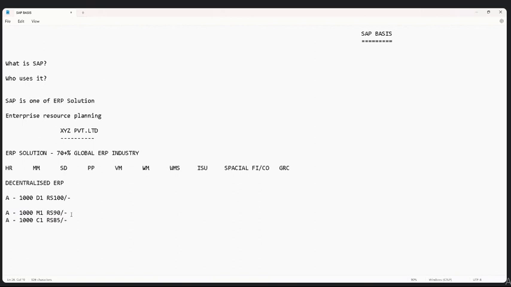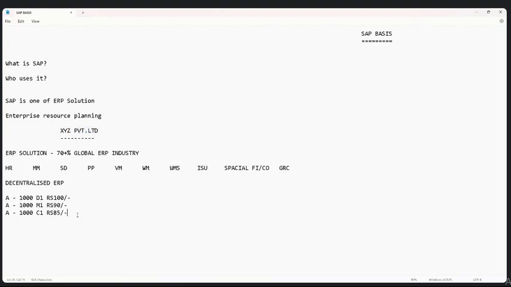Now this organization, which is taking all these orders, feels that yes, we have received an order of 3,000 pairs of shoes from different locations: Delhi, Mumbai, and Chennai.